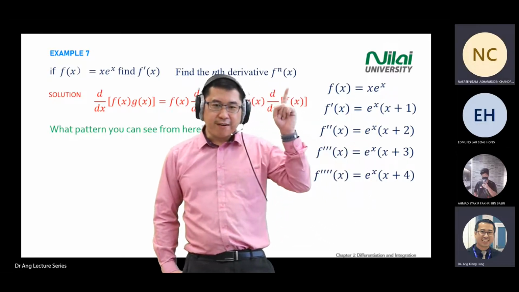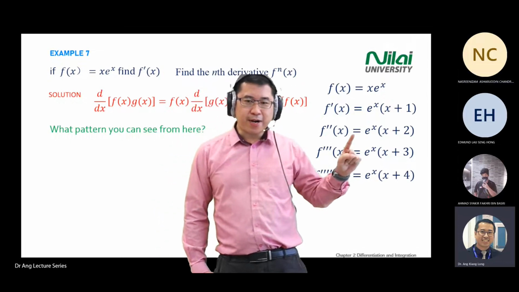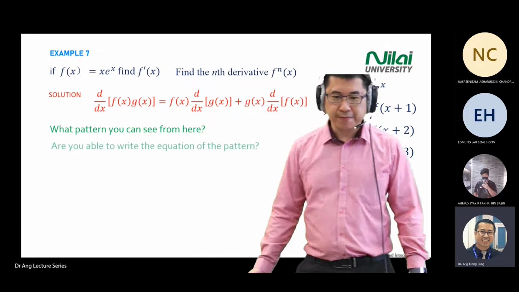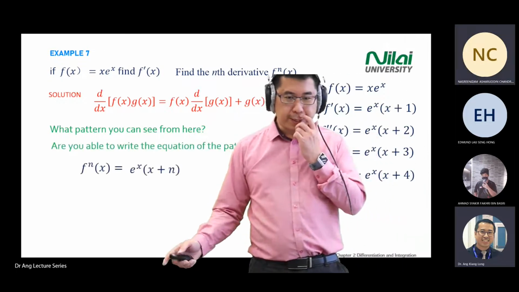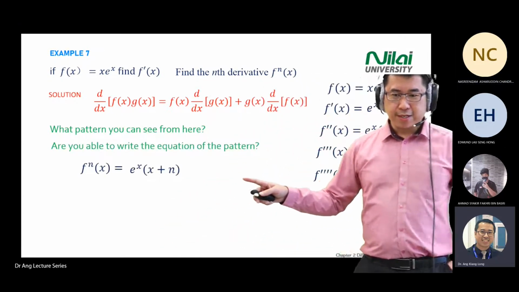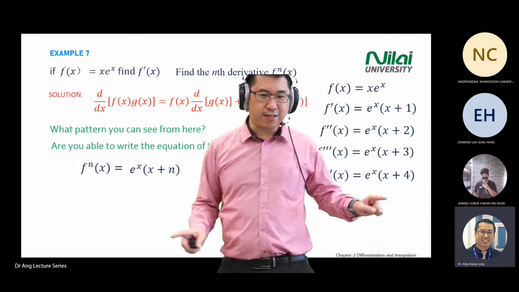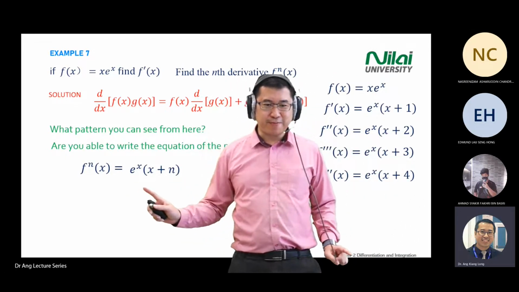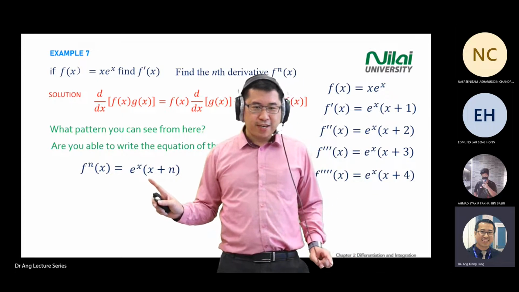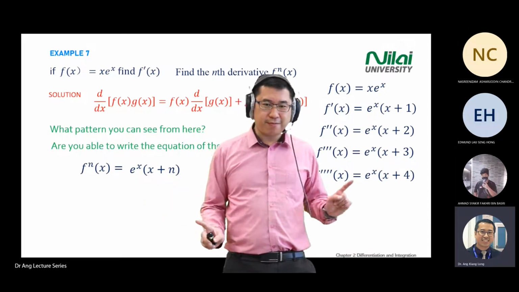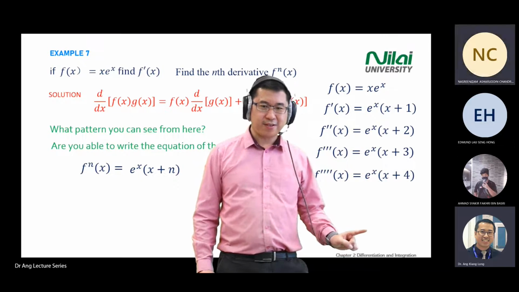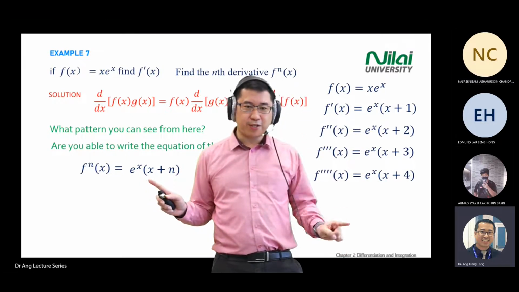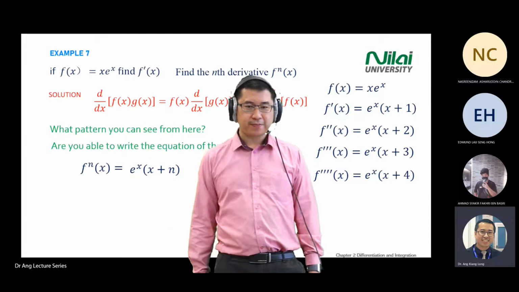So f n x, e power x bracket x plus n is the answer. I'm using a green screen, so it's a flipped direction. This one you derive from these 4. You compare this one and these 4 equations, you get this pattern.